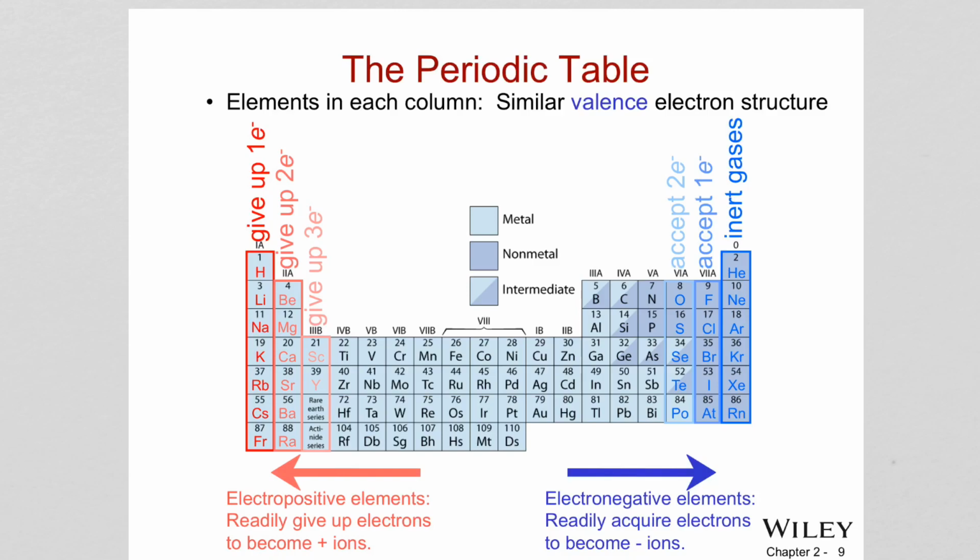Atomic number, we know, is the number of protons in the nucleus of an atom, and from left to right and top to bottom is an increasing atomic number. The horizontal lines are called periods or rows, and we have 7 rows, right? These 7 rows also correspond to the principal quantum number and energy level.